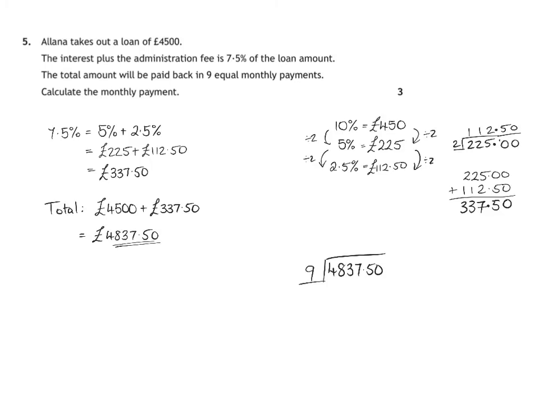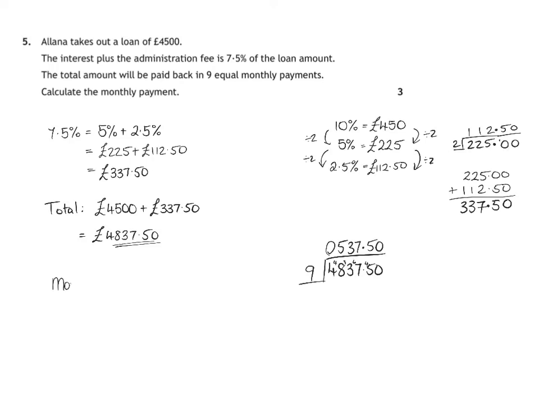So then 4 into 9, none with 4 left over. 48 into 9 is going to be 5 because it's 45 with 3 left over. 33 would be 27, so that's 3. 27 with 6 left over. 67, closest one 63, so that's 7 with 4 left over. And then 45 is 5, and then 0 is nothing.